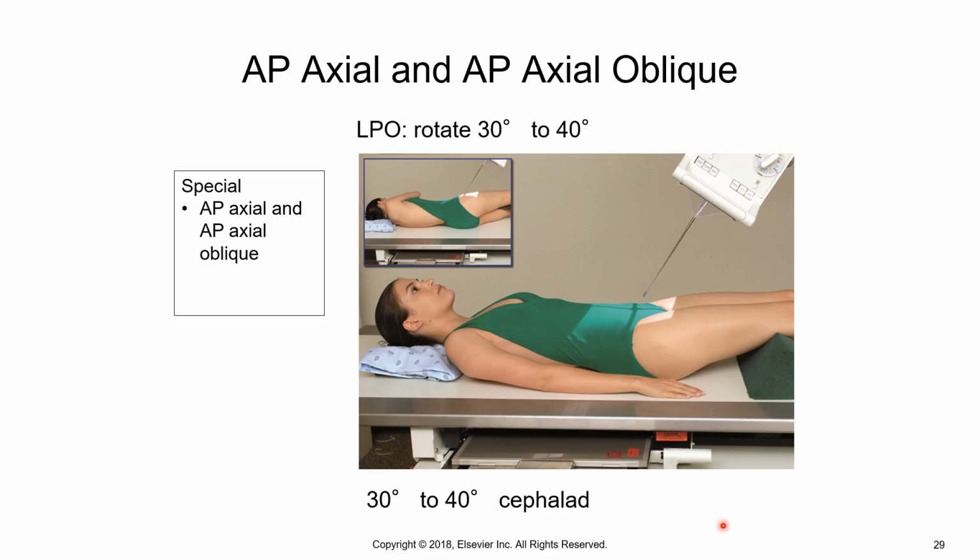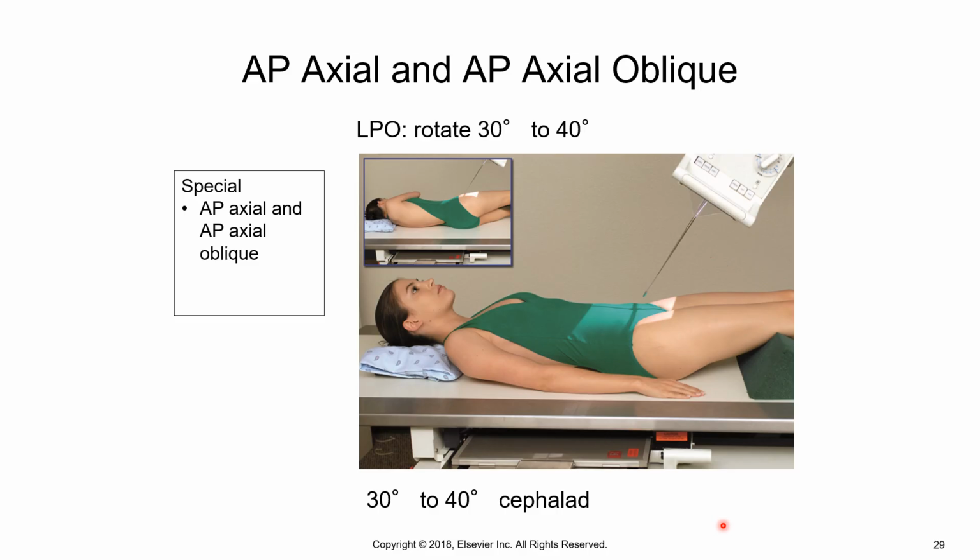For a single contrast AP axial, we're going to use 125 at 3.3 mAs. For double or water soluble, we're going to use 100 at 3.3 mAs. On the AP axial, the patient lies supine.